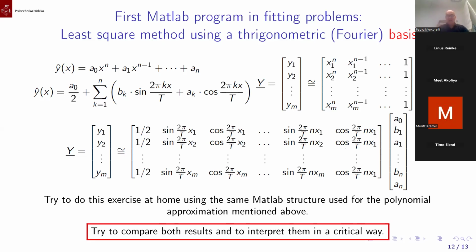Again, in a non-convex optimization problem, the parameters to be optimized are T, N, the maximal, and the corresponding coefficients A0, B1, A1 until Bn, An.